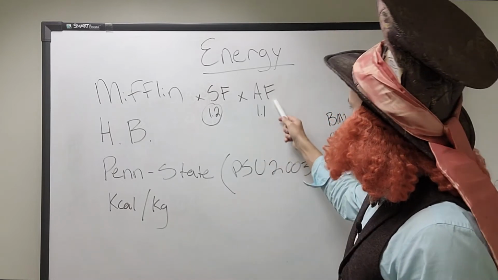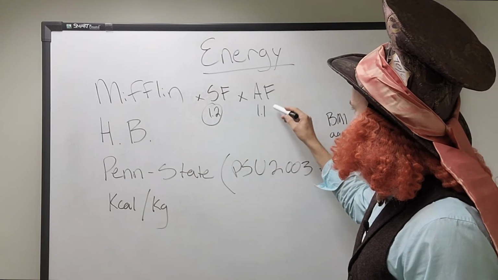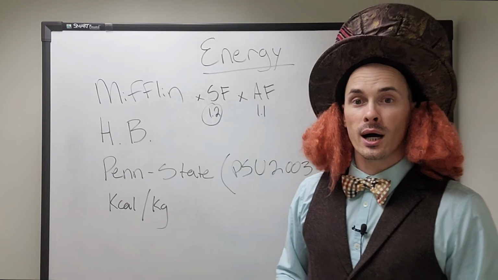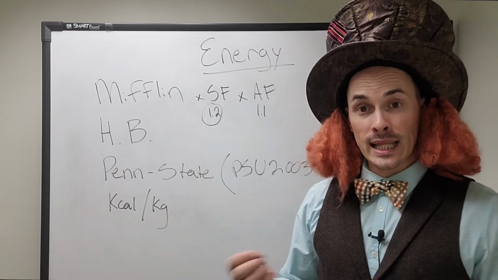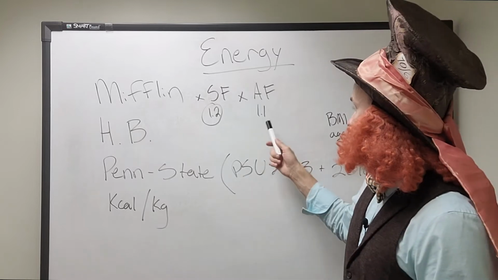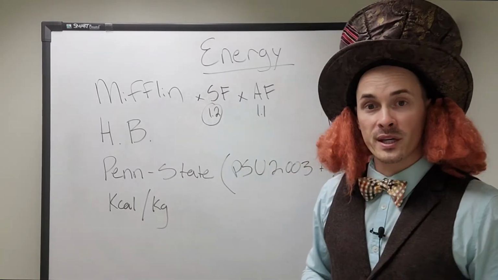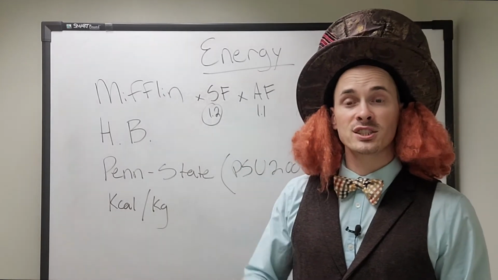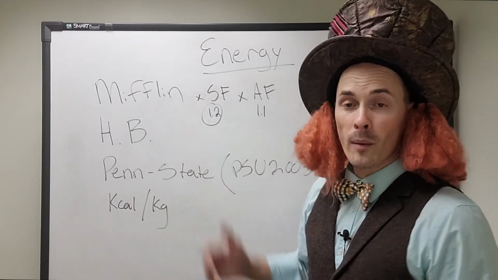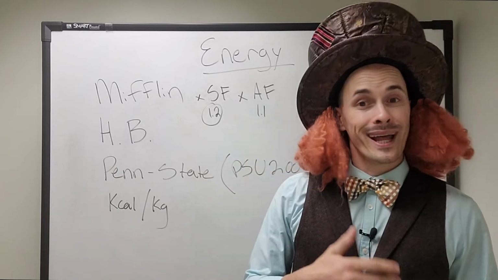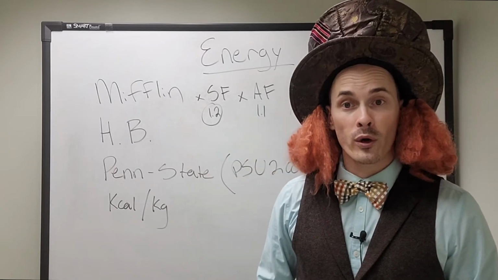So the activity factor, I usually use a 1.1 activity factor for all my patients. Now, if I have patients that are locked in or completely immobile for whatever reason, a 1 would not be an unreasonable activity factor. But for most hospital patients that are bed-bound, I use a 1.1 activity factor. And for your stress factor, 9 times out of 10, I use a 1.2.